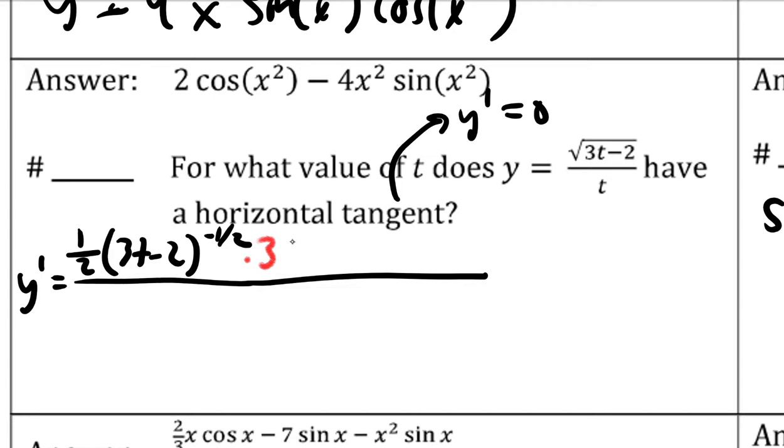Times the denominator left alone. Then minus the derivative of the denominator, which would just be 1, times the numerator left alone. All over the denominator squared.